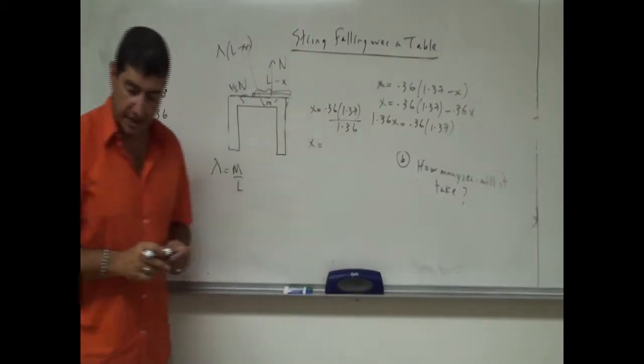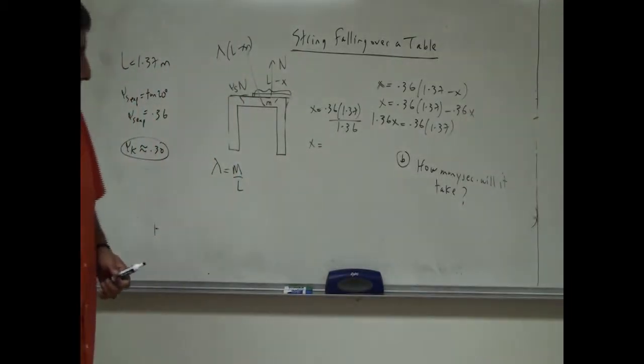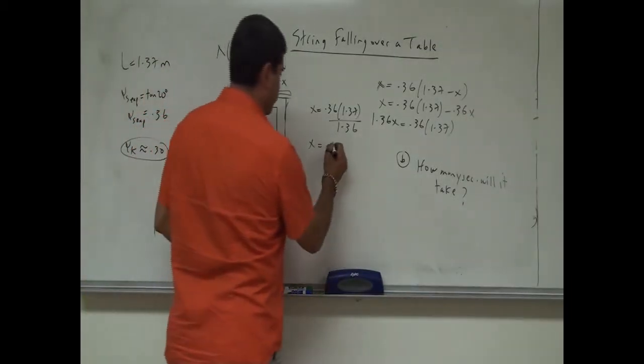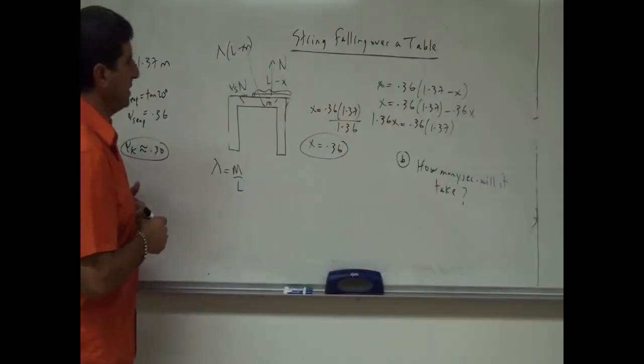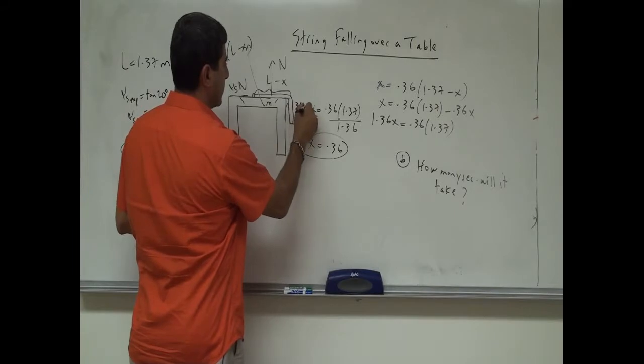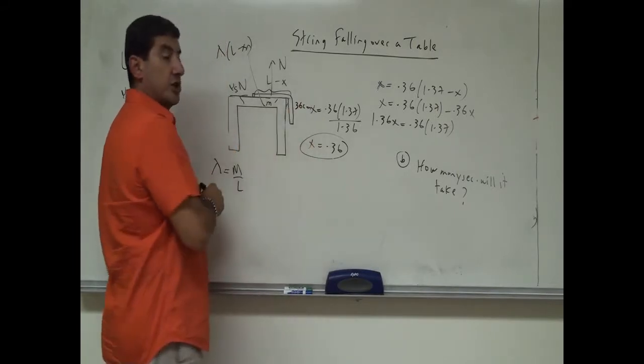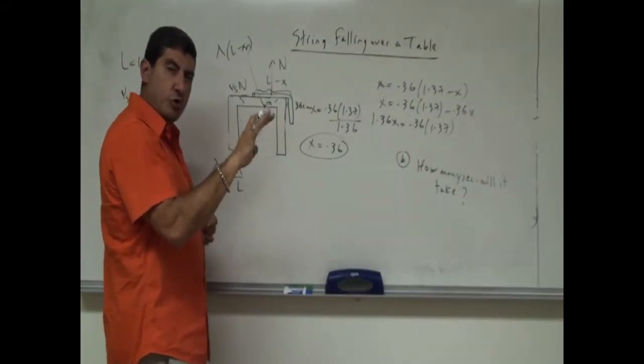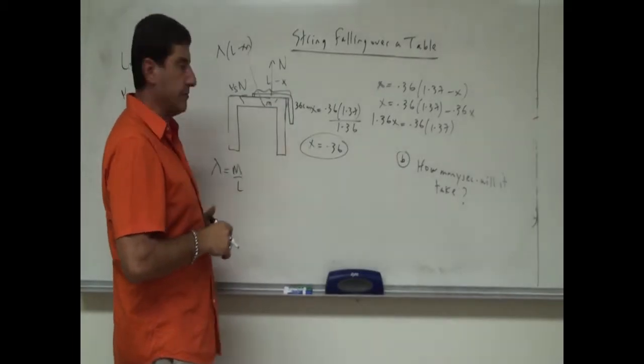So let's calculate that. So 0.36 is the answer. What does that mean? That means if 36 centimeters is hanging from the end, it should start to fall. Or maybe, let's say more than 36, maybe 37 centimeters, right?